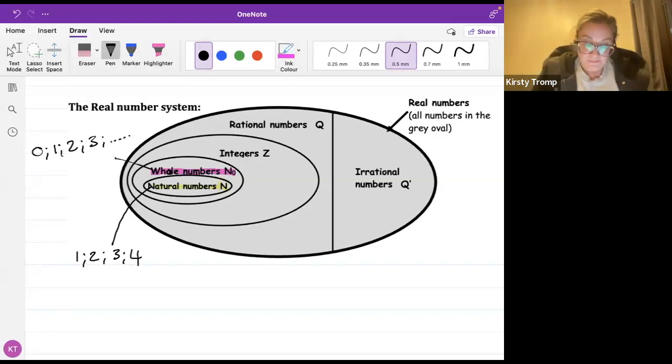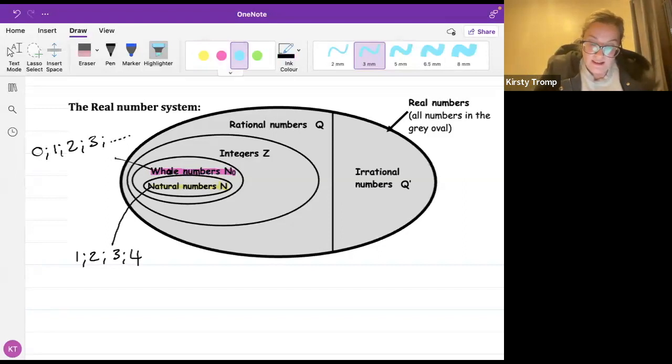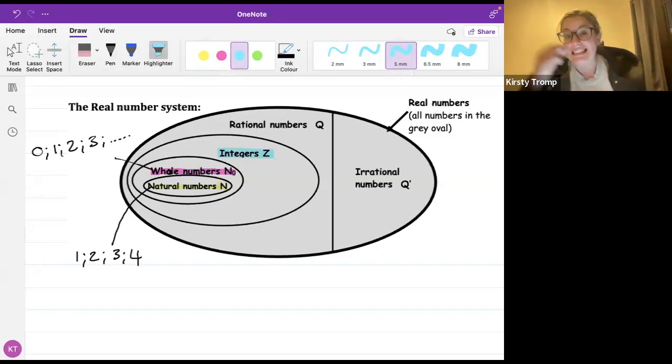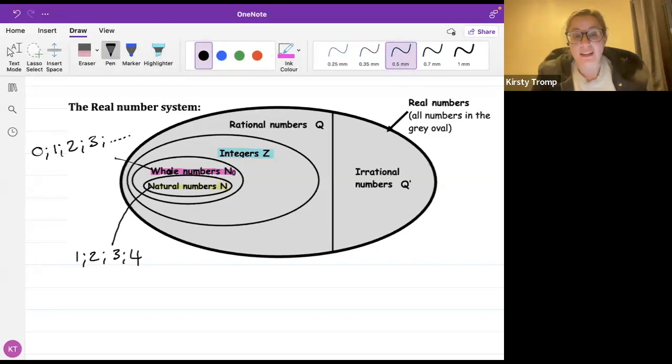Then we move out again to integers. Integers has a Z next to it. Often people get really confused here. Integers doesn't just mean negative numbers, guys.